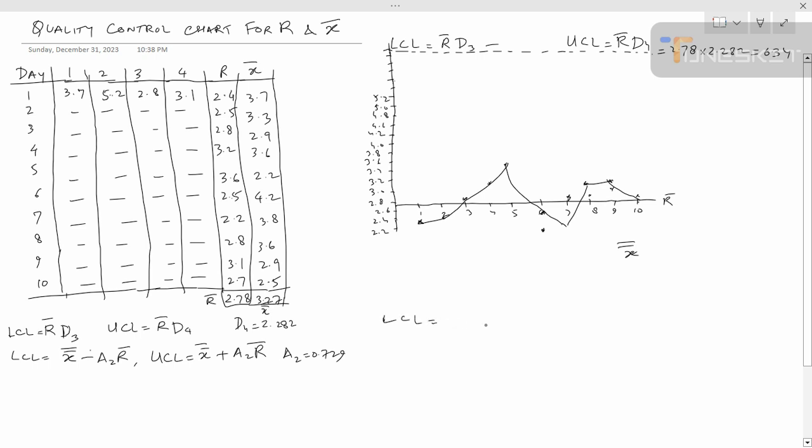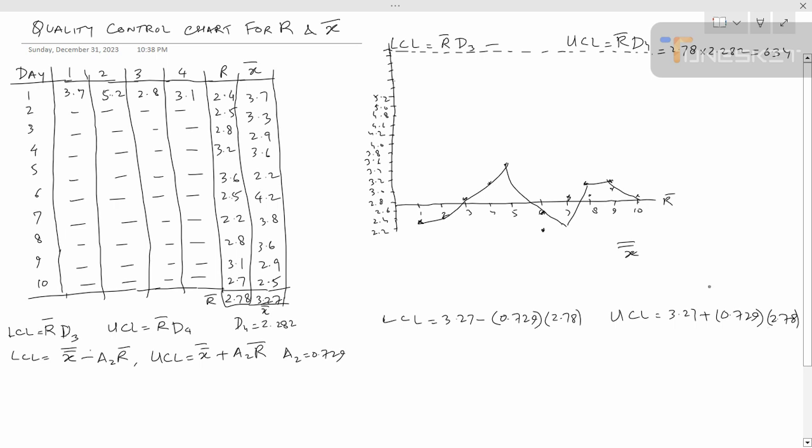So the lower control limit is X double bar, which is 3.27, minus A2, which is 0.729, multiplied by R bar, which is 2.78, and UCL is 3.27 plus 0.729 times 2.78.